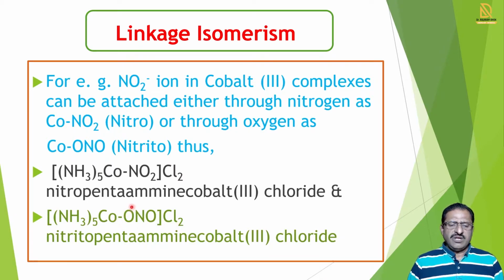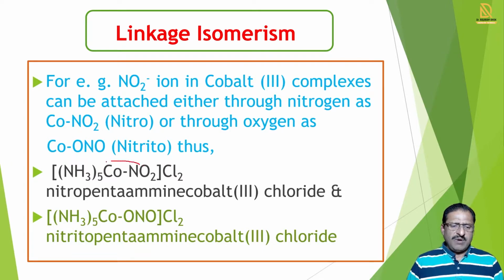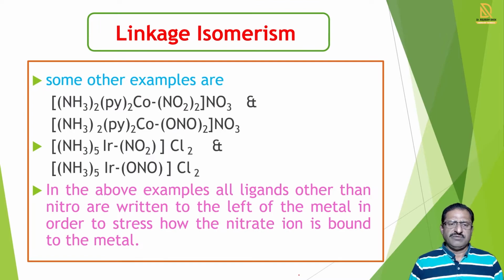You see the difference: here nitrogen is attached and here oxygen is attached. Cobalt is attached with nitrogen in one and with oxygen in the other. This example is called nitritopentaamminecobalt(III) chloride. So these two are linkage isomers of each other.